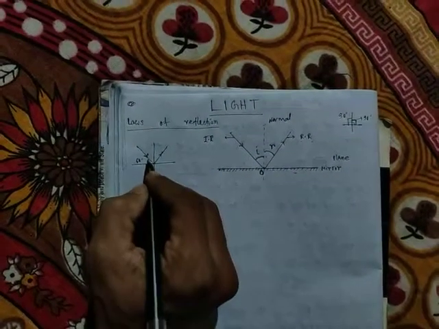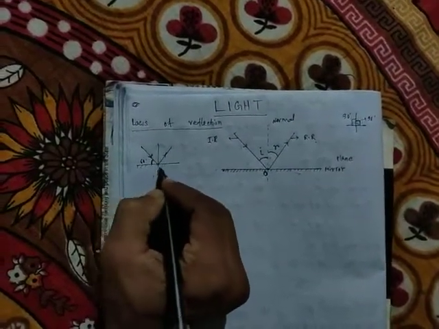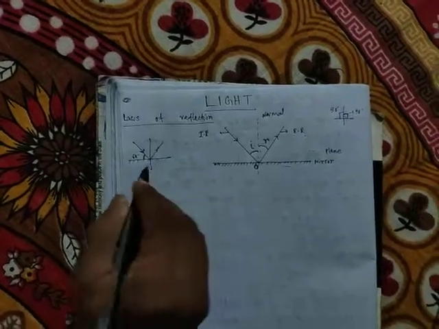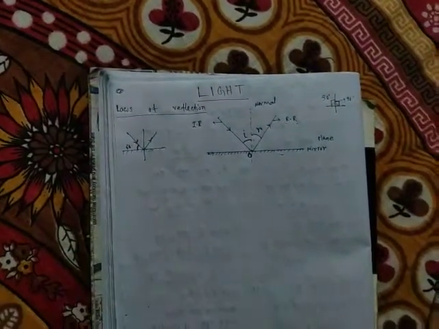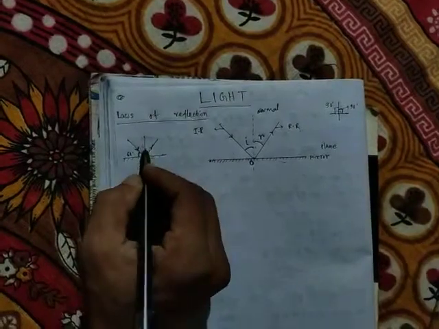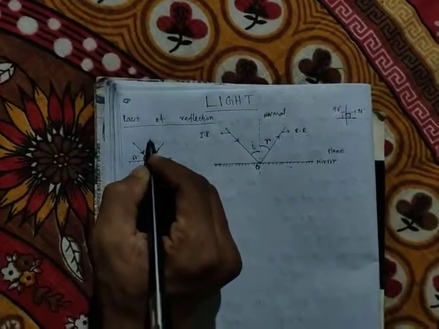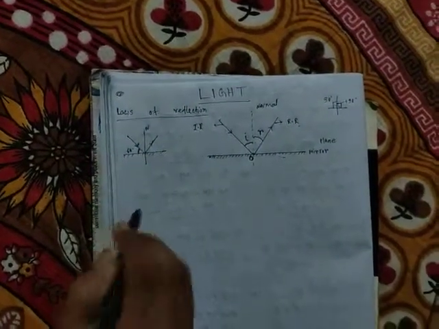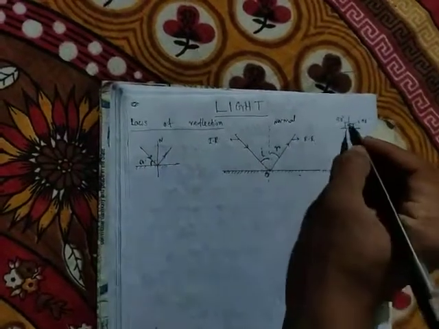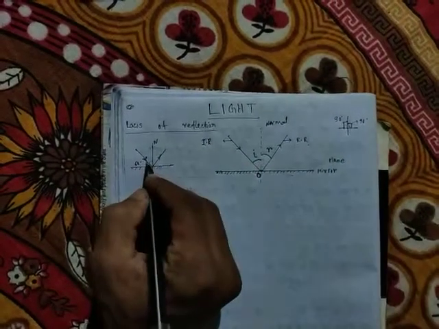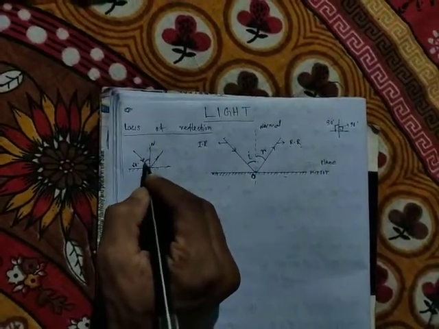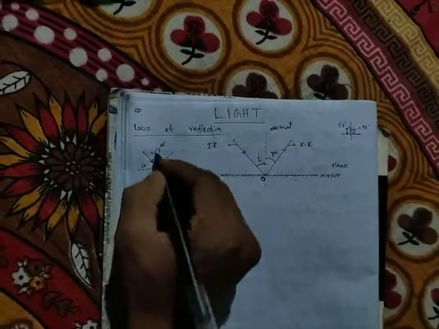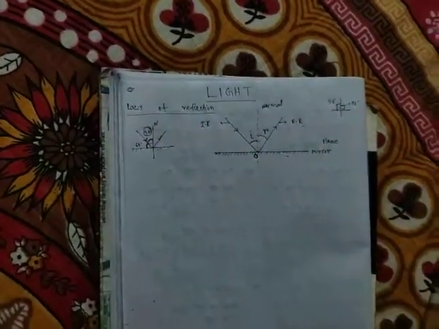This is the angle with the surface, but this is not the angle of incidence. The angle of incidence must be measured with the normal. This is the normal, and we know the total angle is 90 degrees. So this is 60 degrees, and the remaining angle here must be 30 degrees. So this is the angle of incidence.